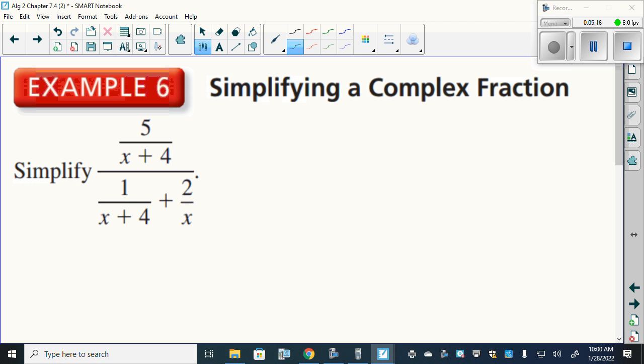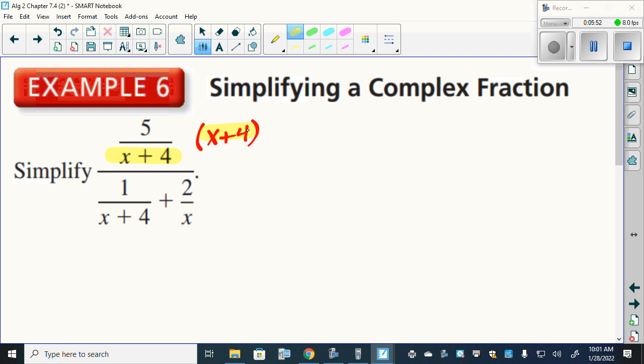Let's restart. Let's look at the numerator, 5 over x plus 4. If I were able to multiply the numerator by x plus 4, what would happen? What would happen to this x plus 4 and this x plus 4 here, if we multiplied it?